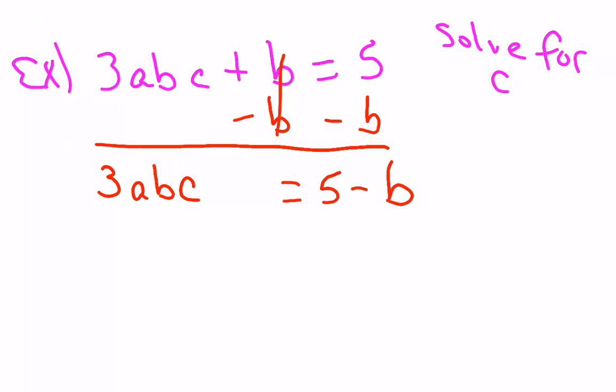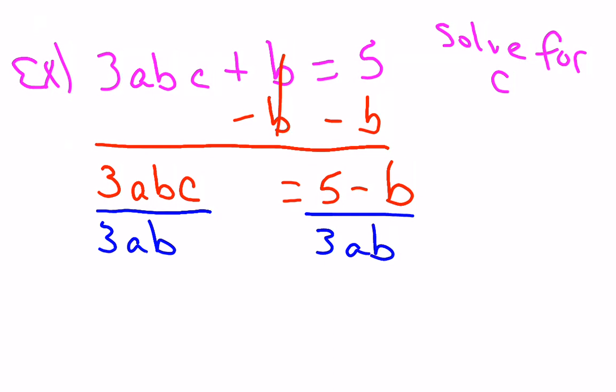They are all multiplied. So in this case, if we want to get c by itself, because these are all the same process, they are all multiplied, we can actually divide them all together. So we're going to divide the entire side by 3ab.